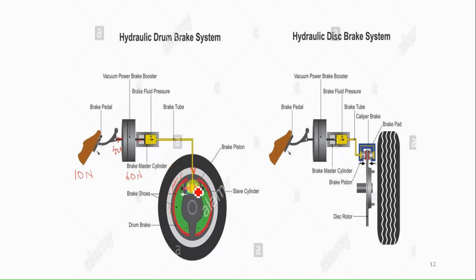Here the caliper, this slave cylinder, provides the necessary braking action. When the pistons move in opposite directions, this pushes the brake shoe. Ultimately the brake shoe comes in contact with the drum, and the braking action is performed.